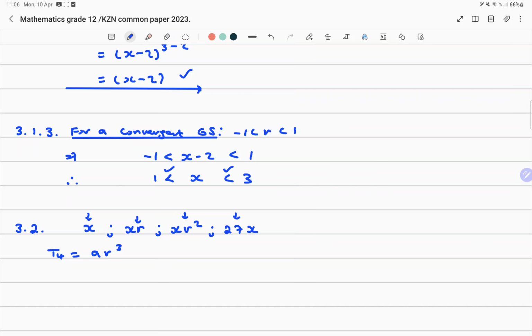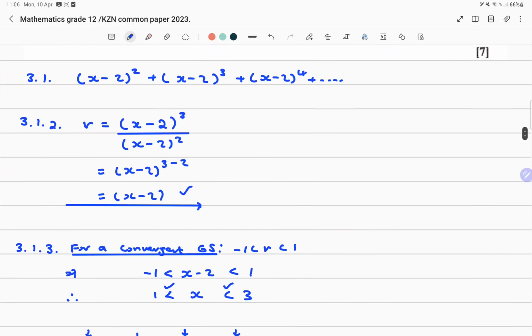Most definitely. Now the main thing that we're interested in is finding our common ratio, because it makes life easy. And if we can find our common ratio, we will be able to find, do we really need the common ratio? I'm not too sure. But I think we need to find the value of x. But if we don't find the value of r, we will not be able to find these two, because these two have r. So we definitely do need all of those things. How many marks? 4.